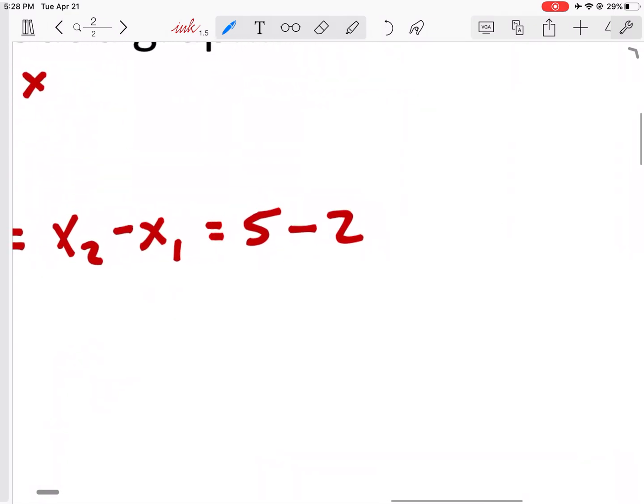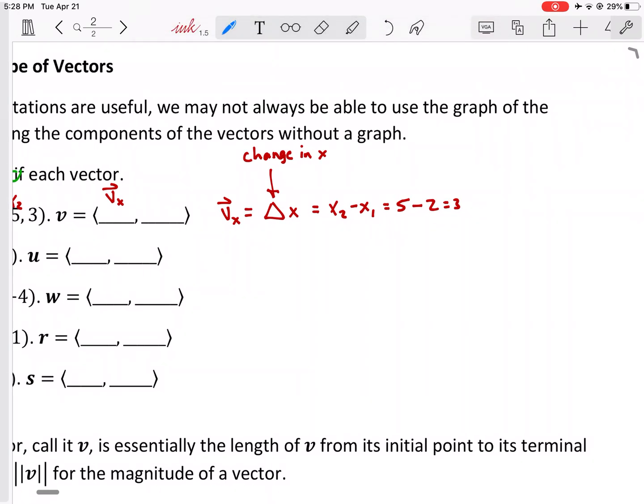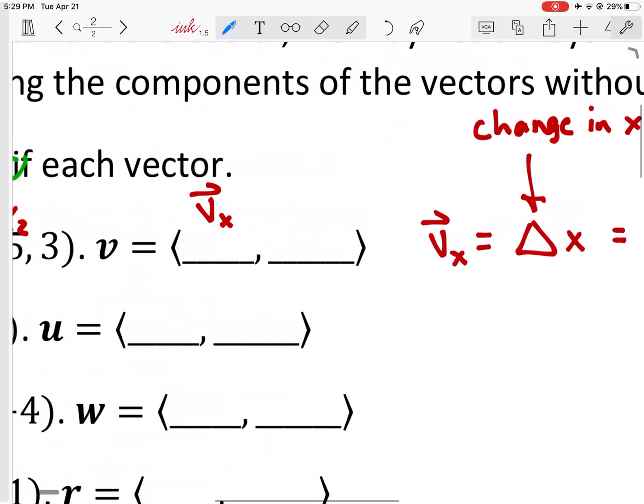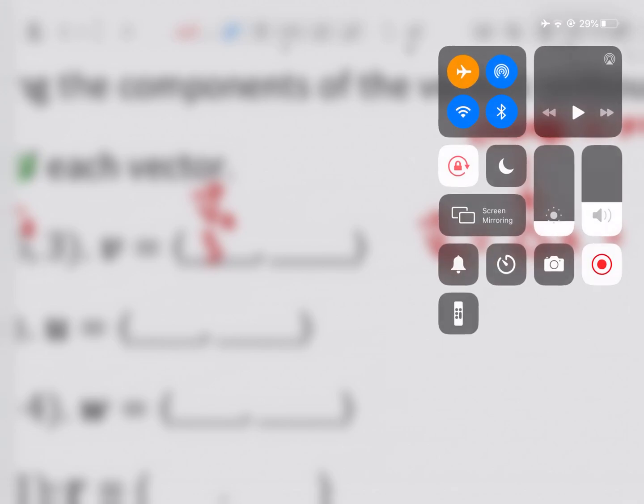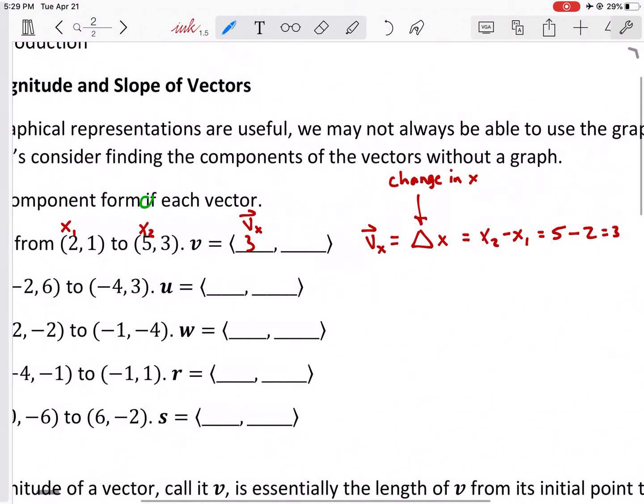Subtract those and it equals 3. So our change in x is 3. So our horizontal component is 3.